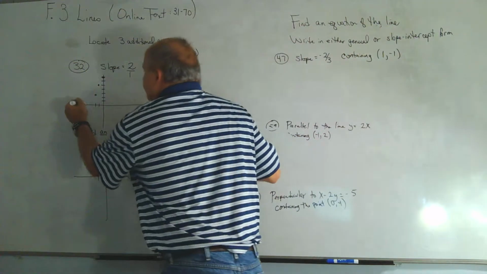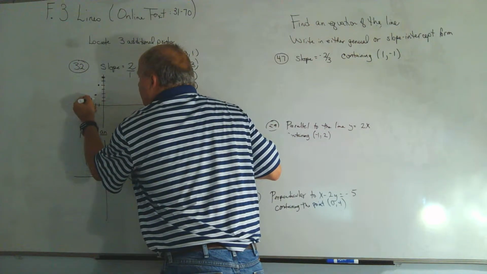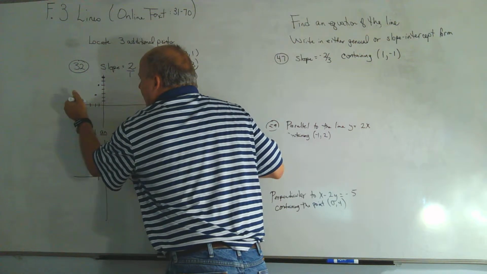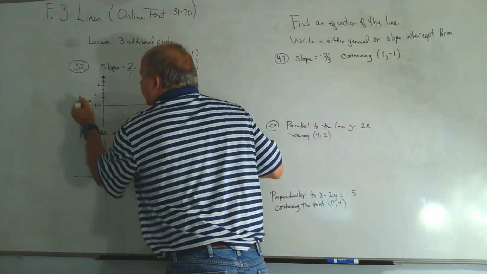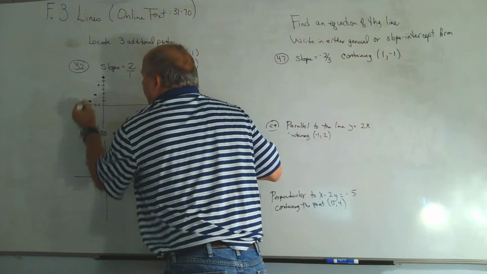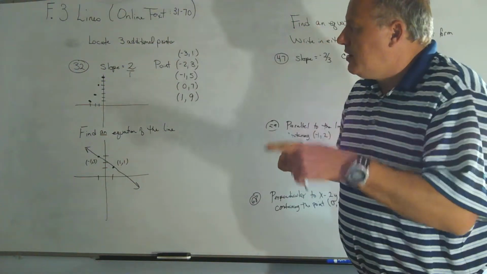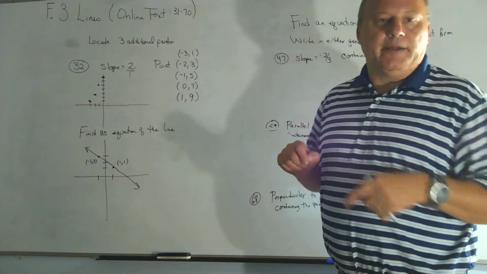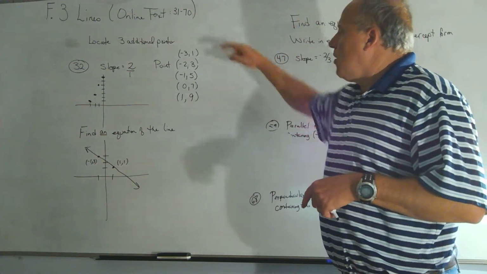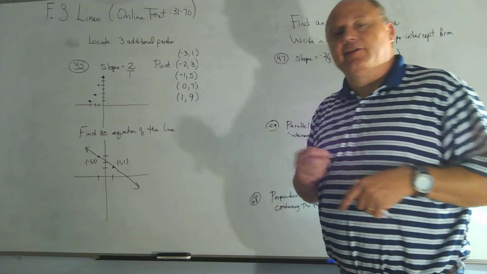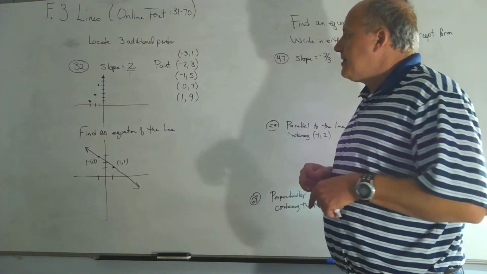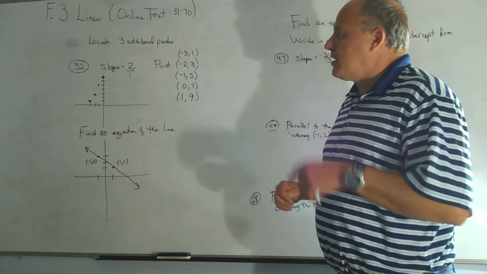Look here, if you go down 2 back this way, and then 1 back this way, even though I'm not the best artist, I told you I'm not a good artist, they all should line up. So go down 2 and to the left 1. So all these points, it's 4. I only needed 3. But that's 3 additional points on the line.